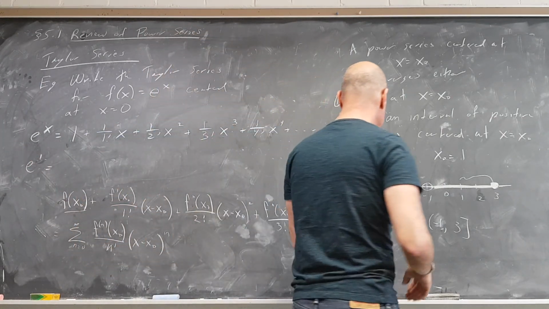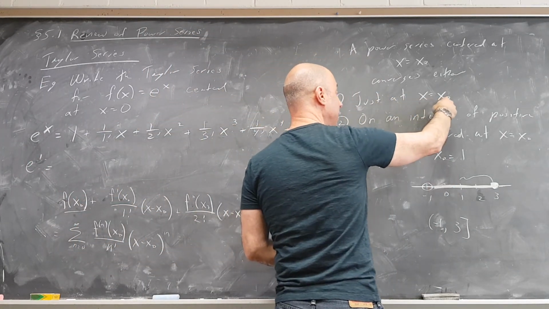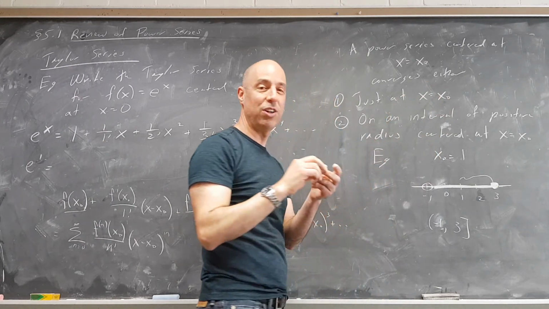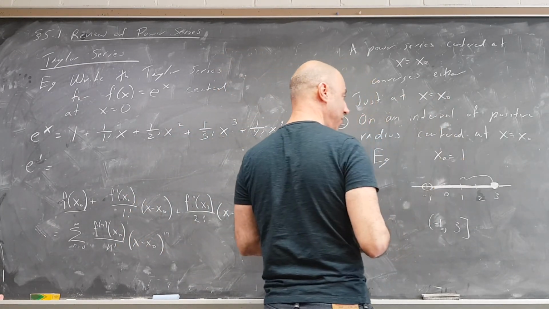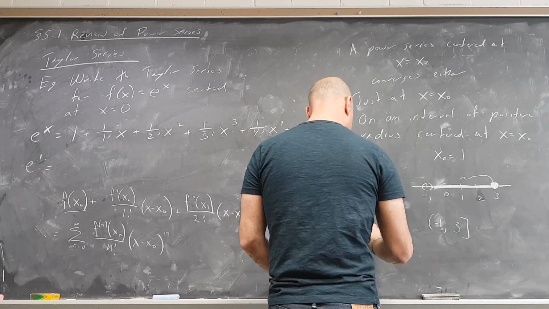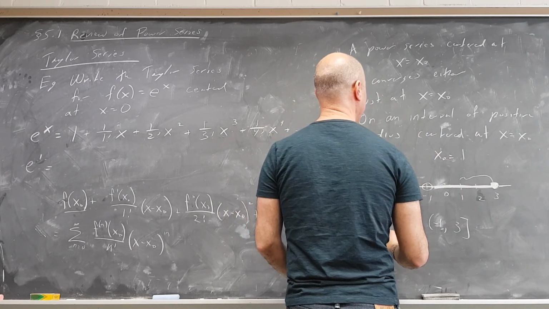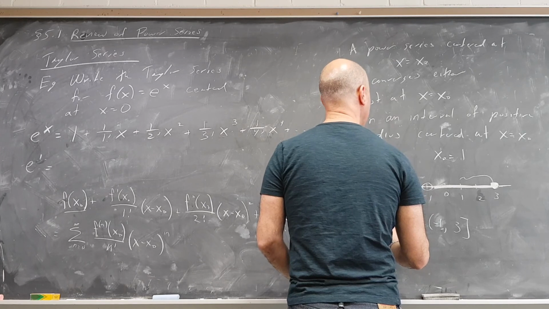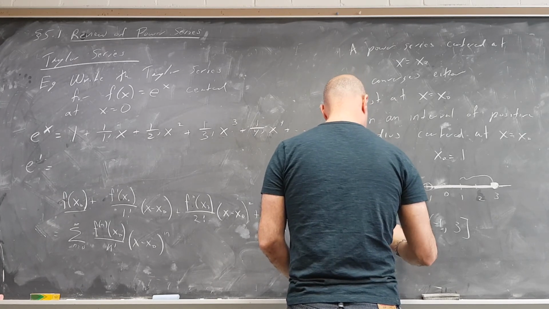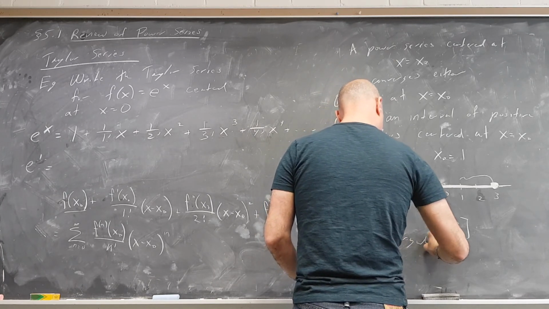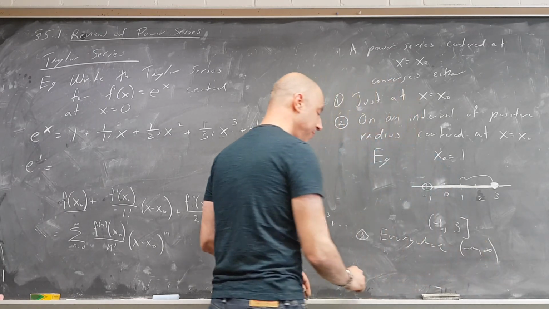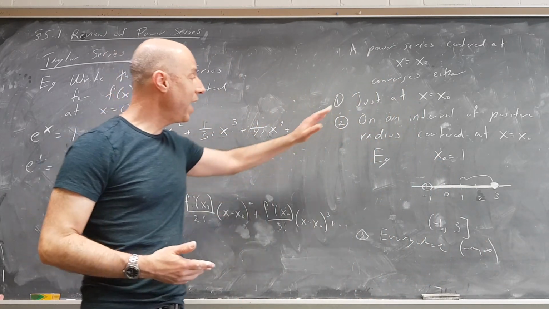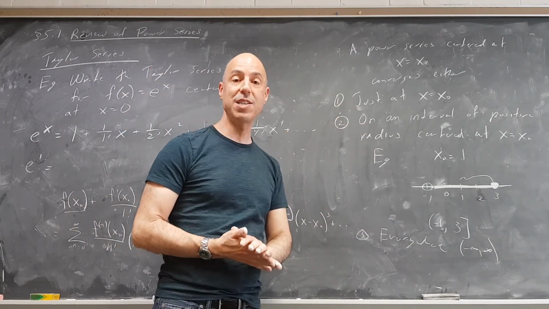And there's a third possibility, so either it converges just at x0, which is like a very short interval, x0 to x0, or it converges on an interval centered at x equals x0, or it converges everywhere, say from -infinity to infinity. So any of these three things are possibilities.